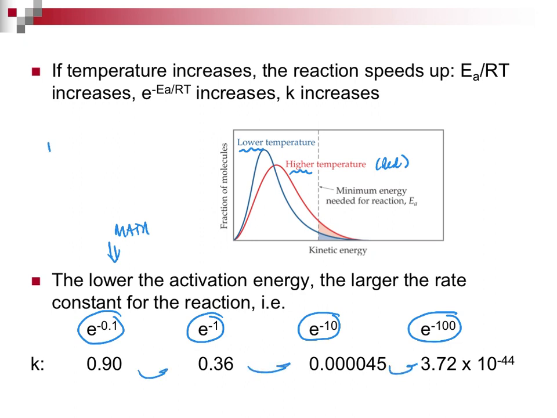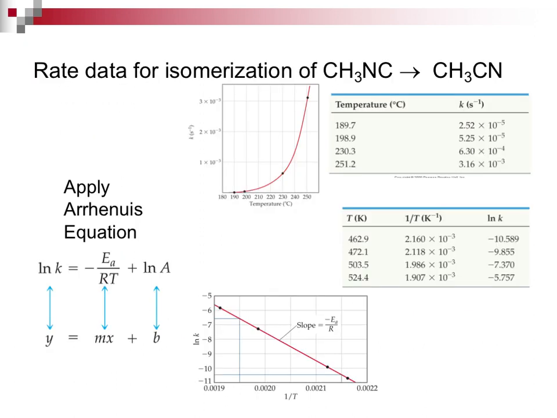So if we have a larger EA, our K is definitely going to decrease. I did these calculations at a constant temperature because I really wanted to show the impact of the EA. You may have a conceptual question or, again, working up data. It's important to know this. We can't test you on it, but it's something that we really need to make sure you know.